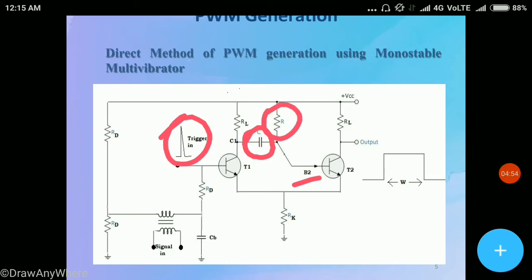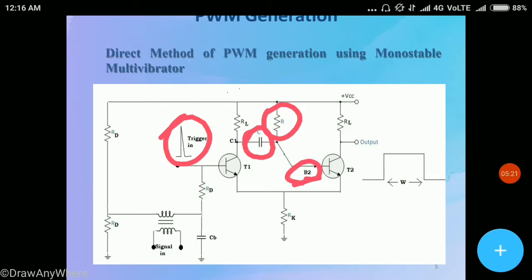to the collector supply potential through R. This capacitor is charged through this R according to the value of the capacitor and with the rising collector voltage of T1. After a time determined by the supply voltage and the RC time constant of the charging network, B2 becomes sufficiently positive to switch T2 on.